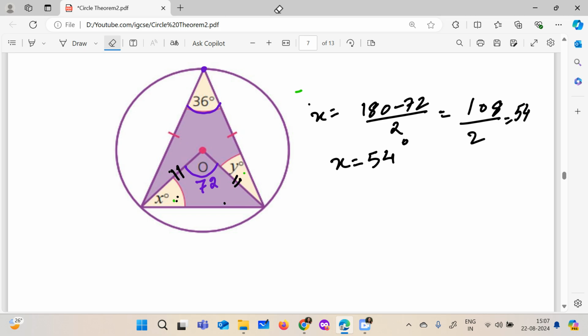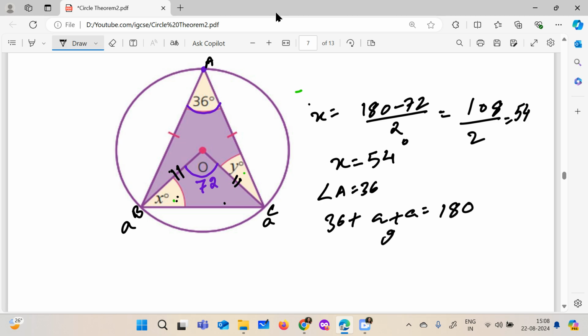Okay, so let me mark it before solving. One second, that will make your work easier. Let's say A, B, C. So angles B and C we have to find. Angle A is equal to 36. Let me mark angles B and C as A. So we can write 36 plus 2A equals 180 degrees. 2A equals 180 minus 36, so A equals 72, right?